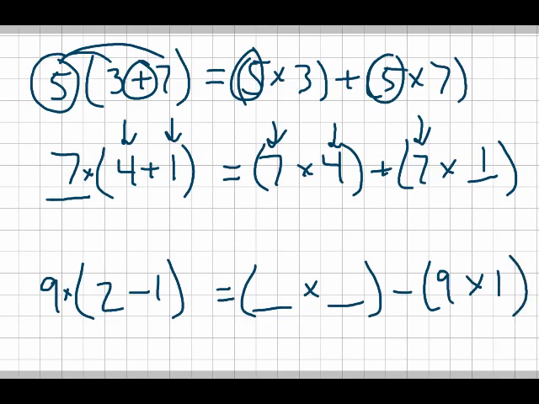Give it a shot. Okay, so in this case, the 9 is what I'm multiplying through to both, right? I already have the 9 here. My other 9 should lead off that set of parentheses there. And since I'm multiplying the 9 by the 2 first, that should be a 2 there, right?